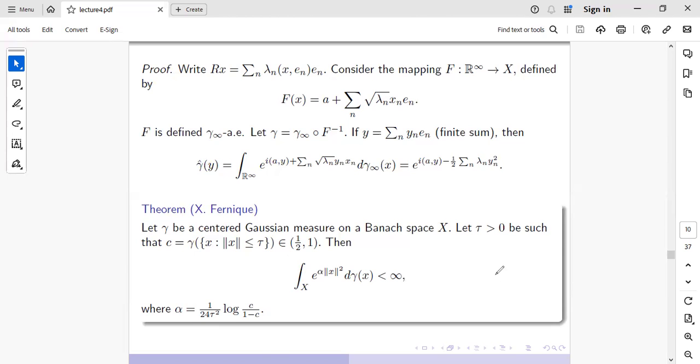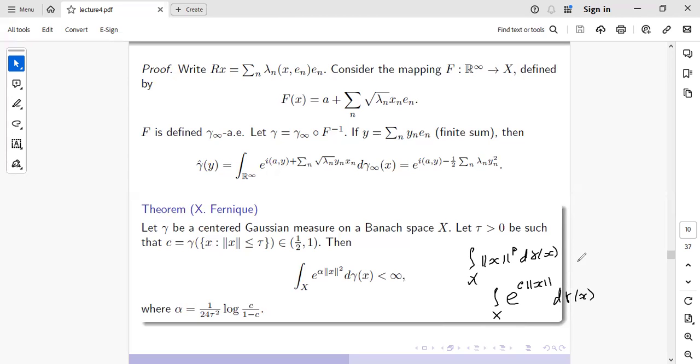Of course, this implies that one can integrate the norm in any power with respect to Gaussian measure. One can integrate exponent in any with any positive coefficient of norm x.